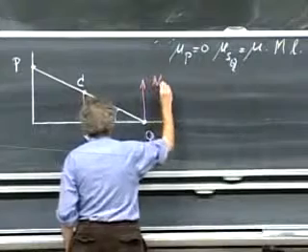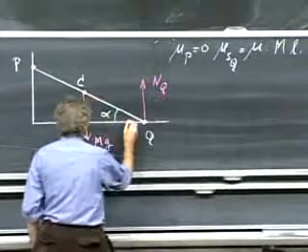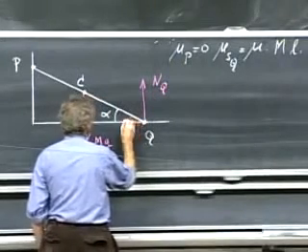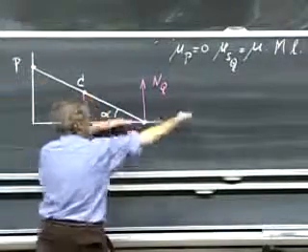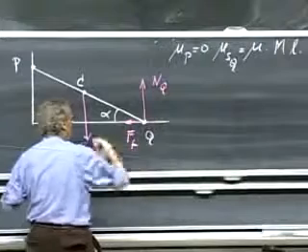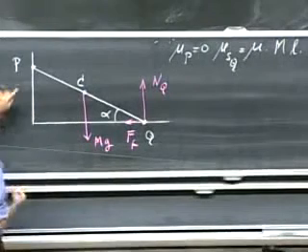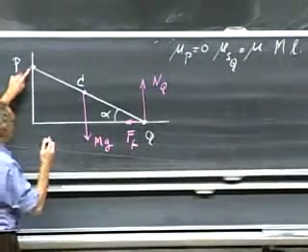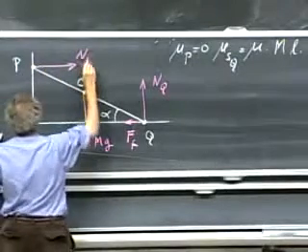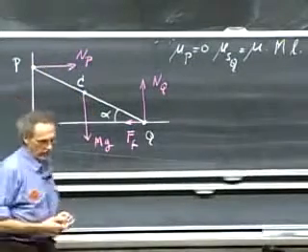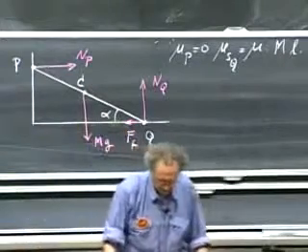I call that N of Q. We have friction in this direction, because clearly the ladder wants to slide like this, so the frictional force will try to prevent that, will be in this direction. At point P there is no friction, so there can only be a normal force, and I call that N of P. So these are the only forces that act on this object.